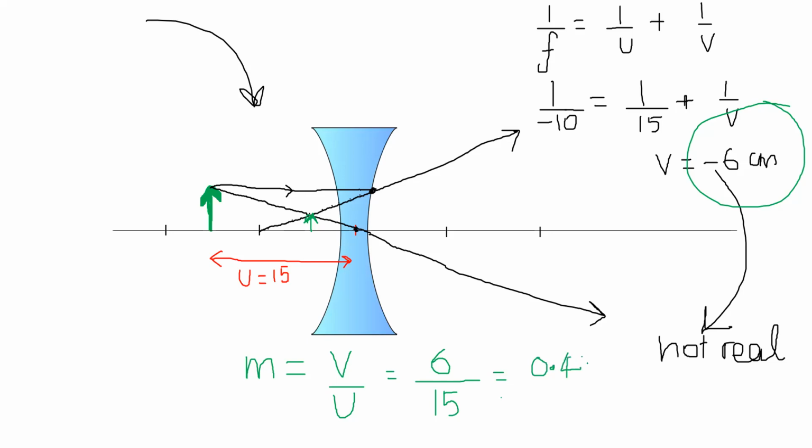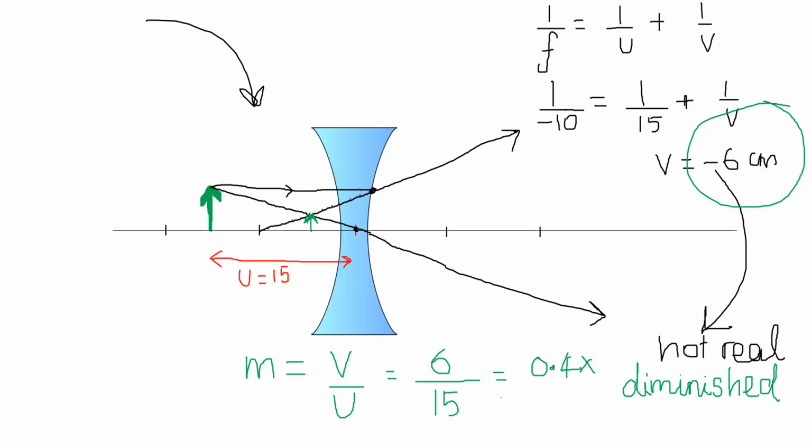That means it's already dikecilkan. So kecil means we call it as diminished. Diminished means became small. Is not real, is diminished.